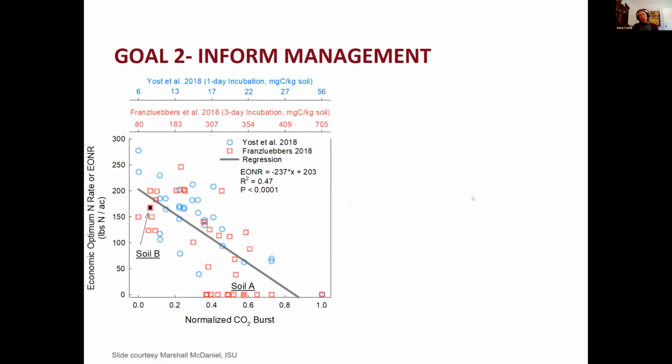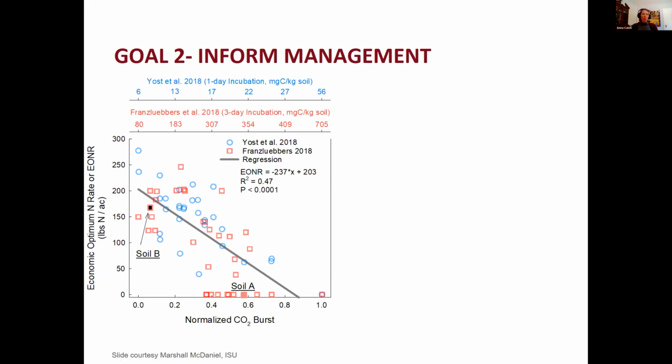So the next potential goal for soil health tests is to help growers make a management decision. I'm going to talk about nitrogen fertilizer management. This figure relates that carbon dioxide, CO2, burst test that we're looking at with the food web slide to the economic optimum nitrogen rate. And note that here the CO2 burst tests are normalized from 0 to 1 because they took values from a couple of different studies with different methods.